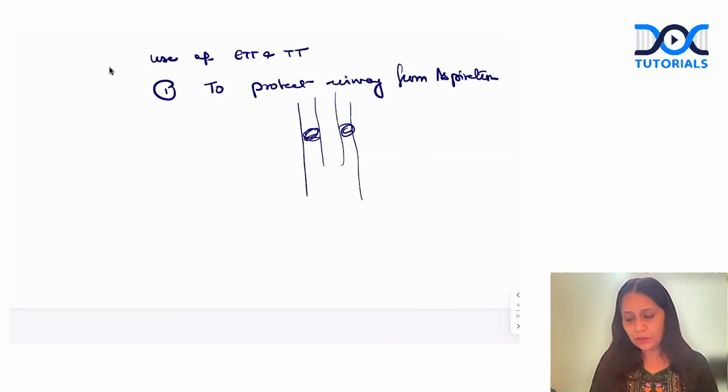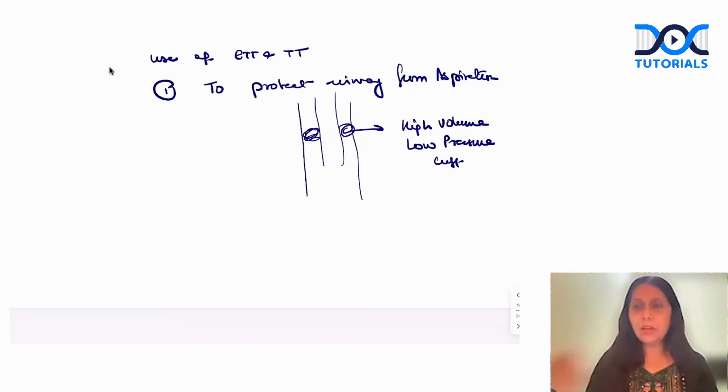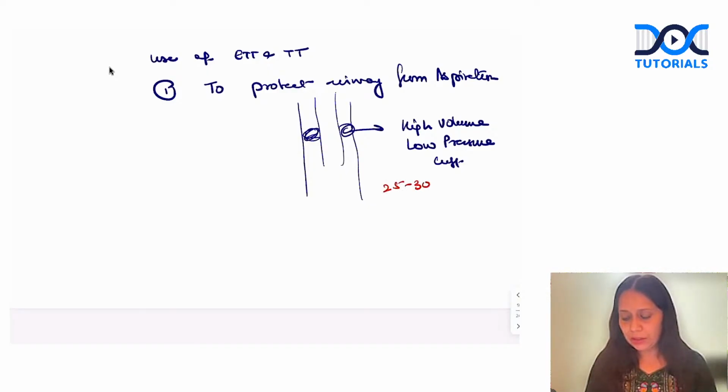The cuff used most commonly is a high volume, low pressure cuff. The pressure seal we need to prevent aspiration is 25 to 30 centimeters of water, or 18 to 24 mmHg.